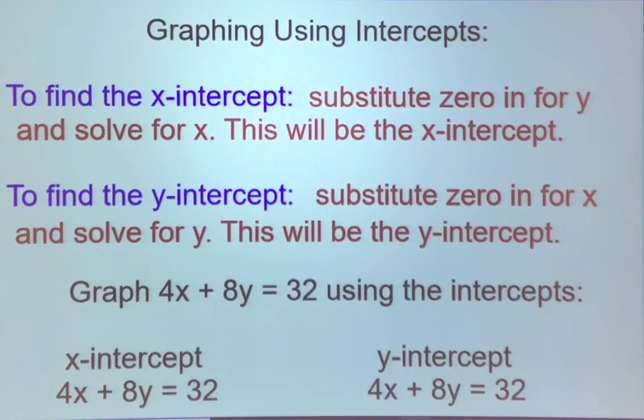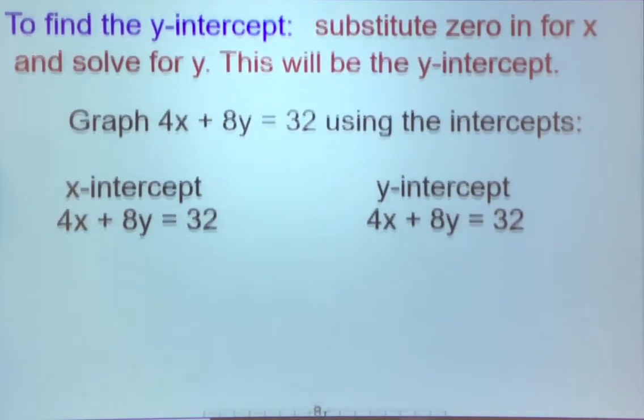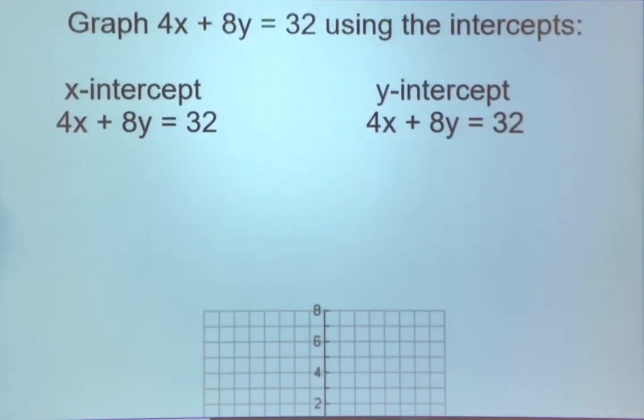If we substitute 0 in for the x and solve for y, this will give us the y-intercept. If you think about it and look at those ordered pairs in that example, it'll make sense why we can do this, because for the y-intercept, the x is 0 and the y is the y-intercept.